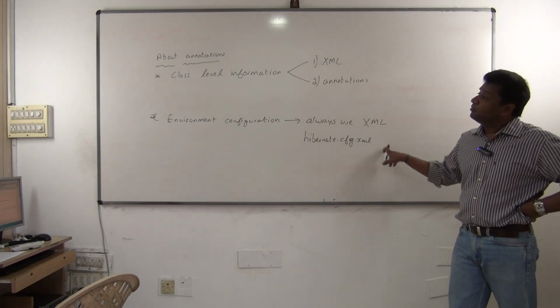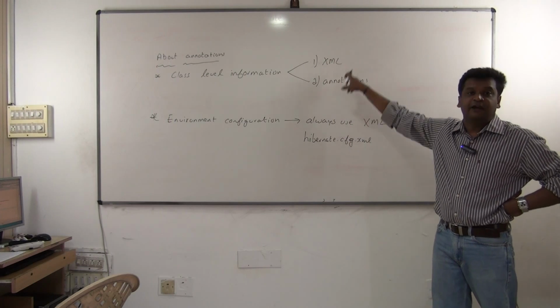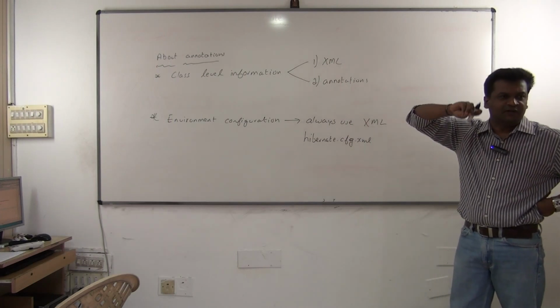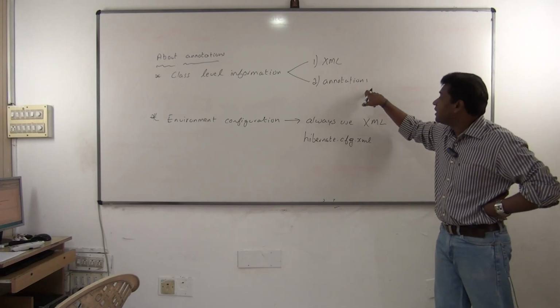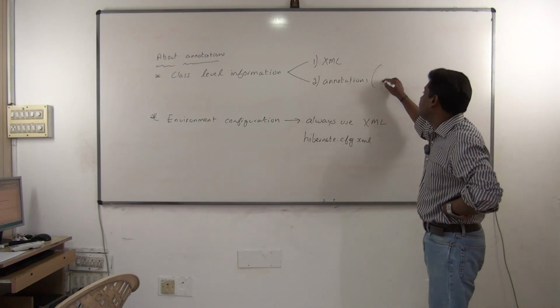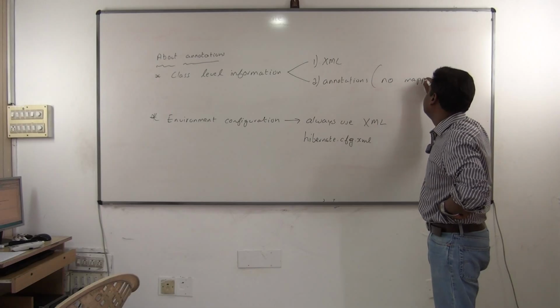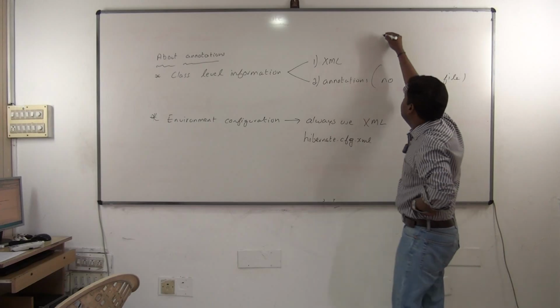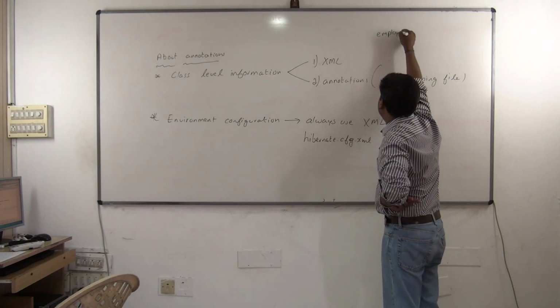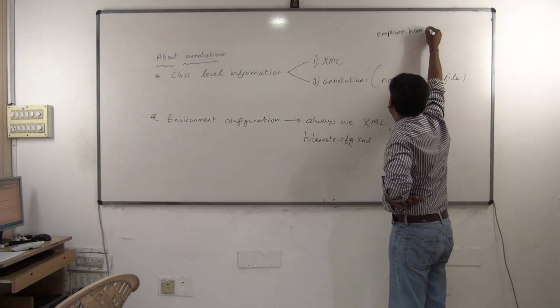Clear? But if you want to provide class level information, I can do the mapping either with the help of XML or with the help of annotations. If you use annotations, you will have no mapping file. Which mapping file? In your employee example, the employee.hbm.xml file.